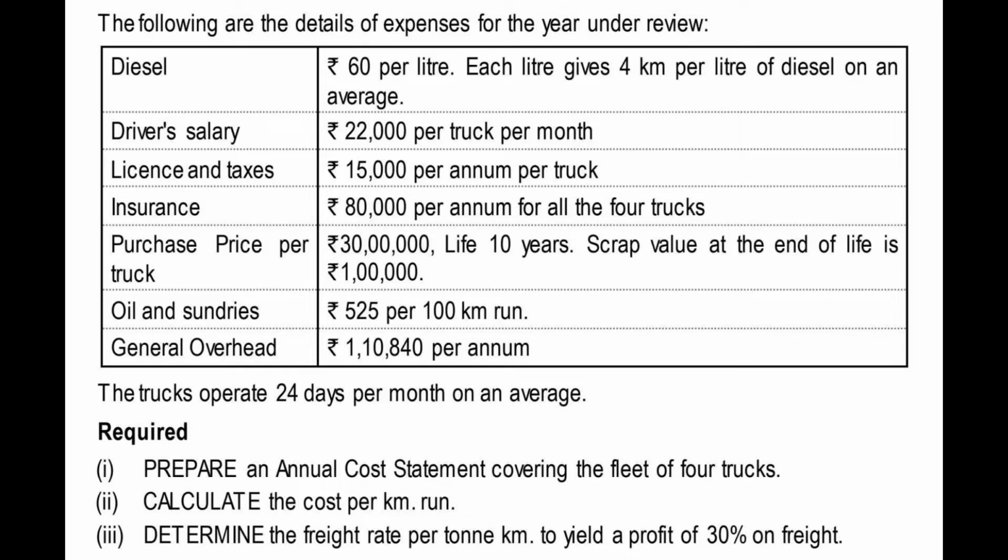Whenever 2 years of data is given, we have to treat it in a different way. That means we have to find out the variable cost first. Then that variable cost portion should be deducted from the total cost. Then the remaining should be assumed as fixed cost. So we have to calculate cost per kilometer run.